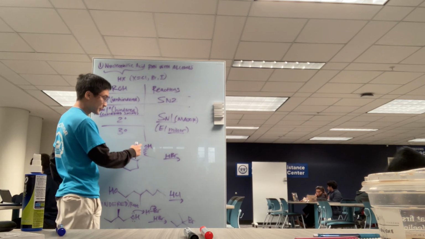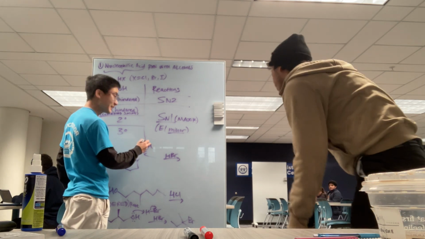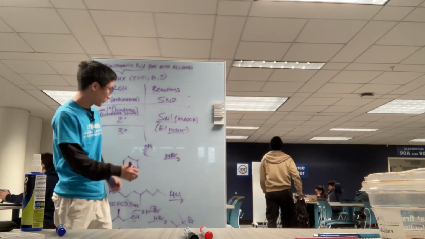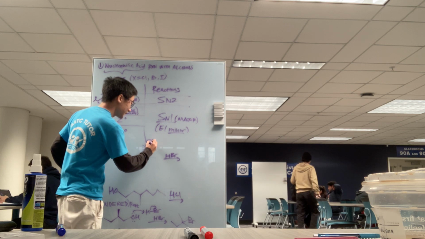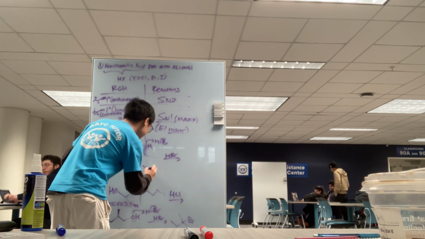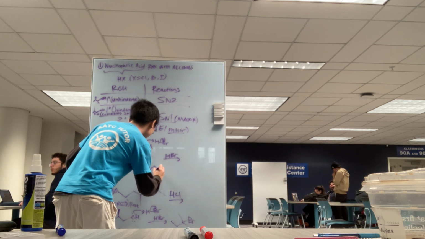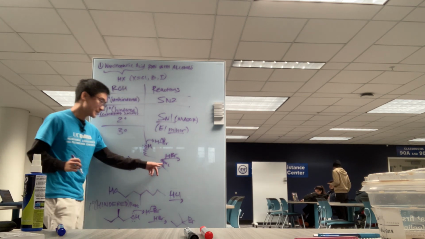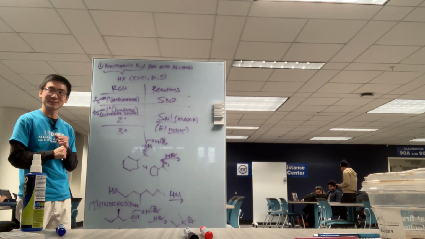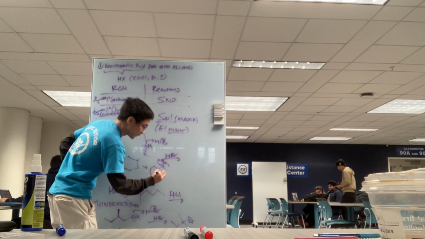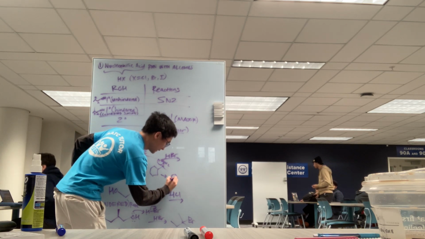Okay. So the first step of the mechanism here is going to protonate the alcohol to become this good leaving group here. Now, what's the next step after we protonated it to make it into a good leaving group? It leaves to form a carbocation.